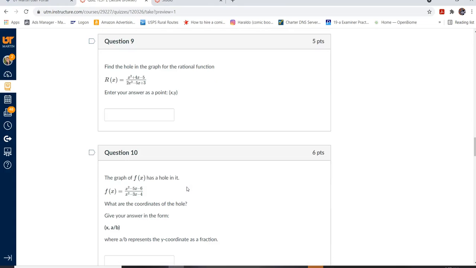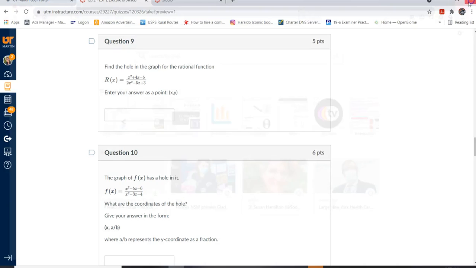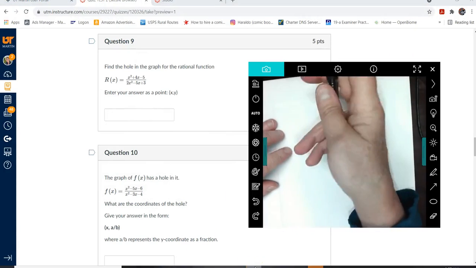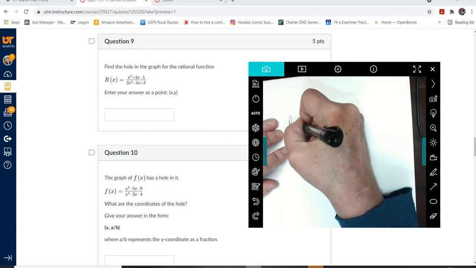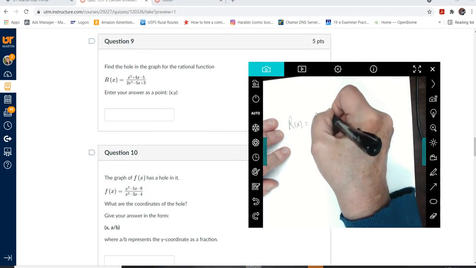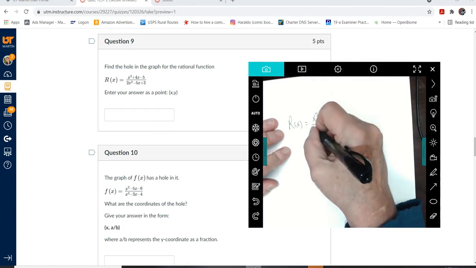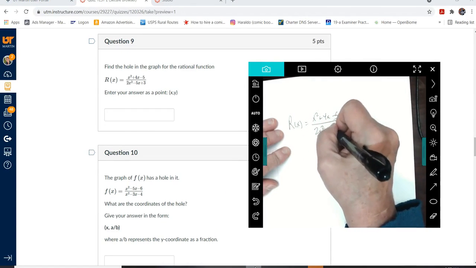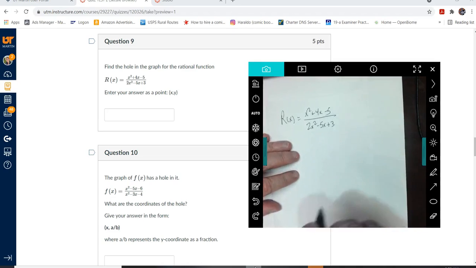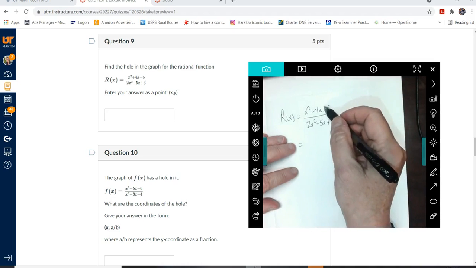Alright, now we want to find the hole in this graph. Oh, sorry, I didn't need to do that. Okay, so we want the hole. I'm going to need to factor, as always. The numerator will factor easily.